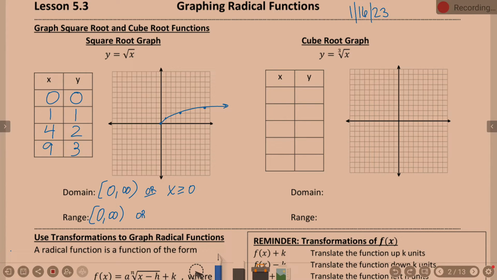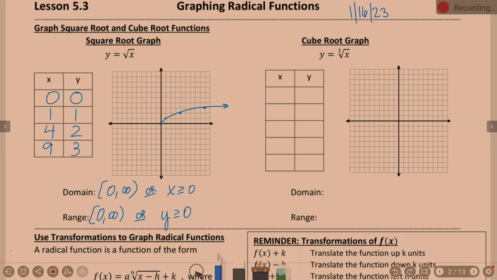Or, if you wanted to use inequalities, you could say y greater than or equal to 0. Again, interval notation is what I was seeing in the homework, though. And good news, I don't remember you having to write any interval notation, unless I didn't practice with those problems. Okay?